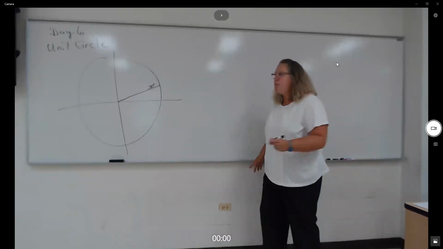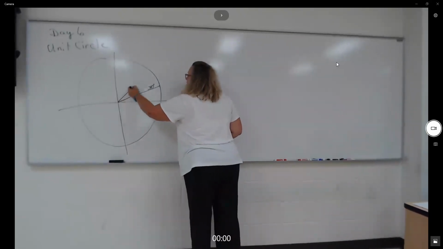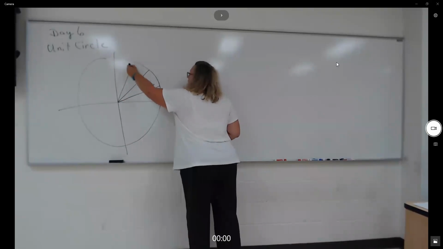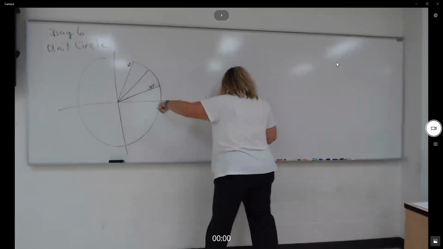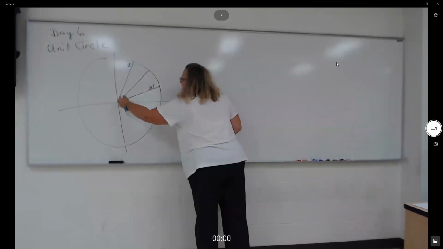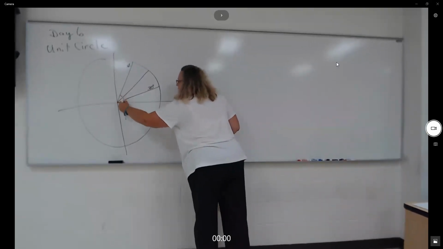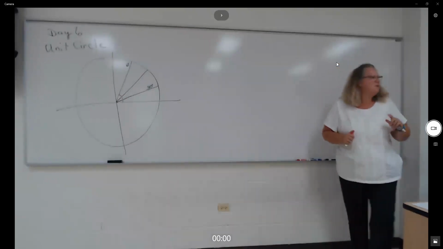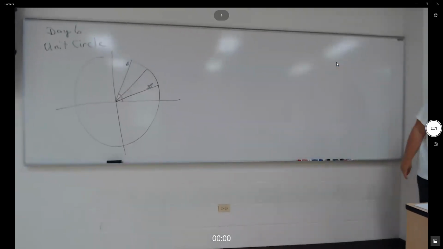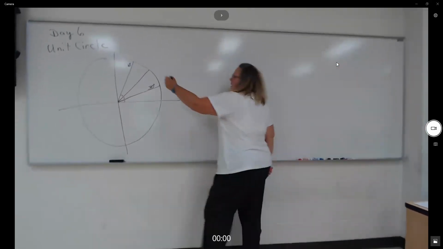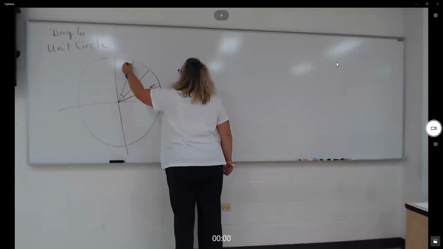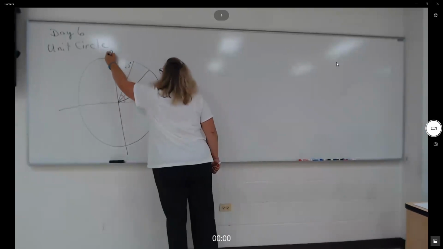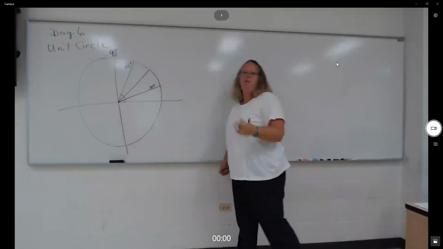Skip the middle one, and then the next one is 60. Again, we can even start to see the lines, but this is the 60 degrees. And then this one is how much? This one is 90. We just count by 30s.